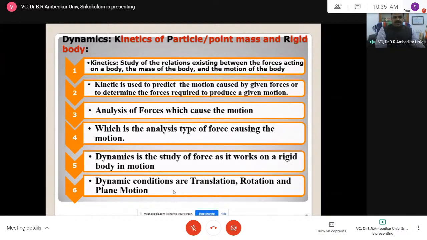So now let us see today's topic, dynamics. What is basically the definition? It is the kinetics part we are considering.